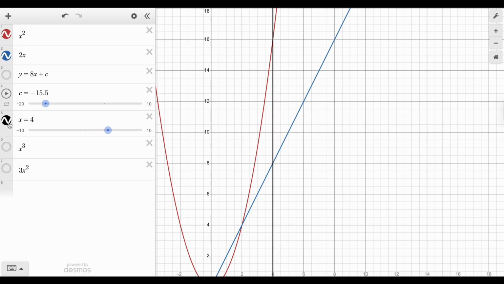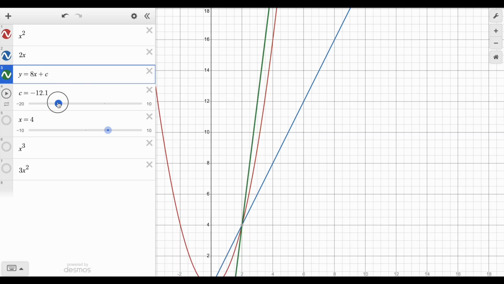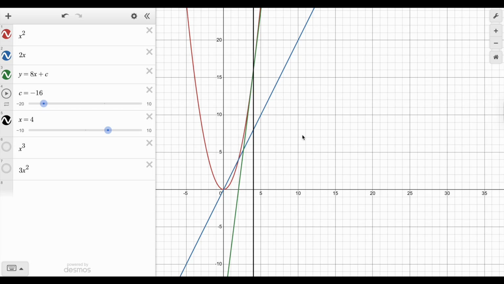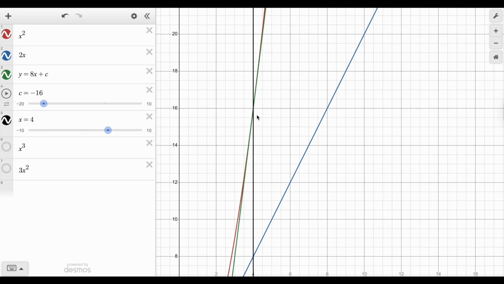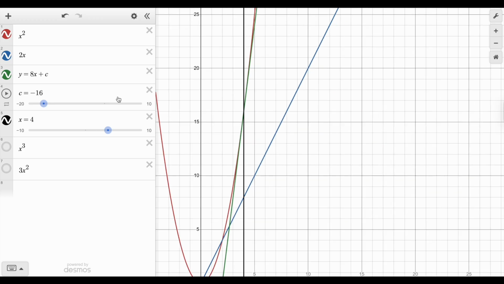We can test this out by drawing a tangent line, y equals mx plus c, where m is the slope, which we're saying is 8, and c is just a constant that we choose. We can find it through algebra easily, and we can really see that at x equals 4 this function x squared has a slope of 8, because this green line is really tangent to our function x squared.